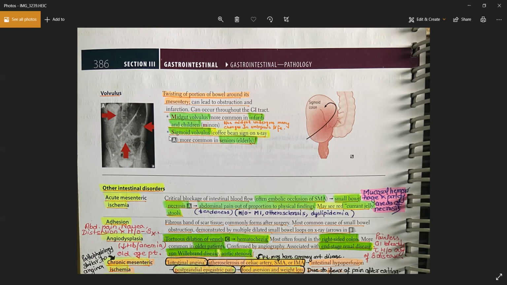So now you can tell me, where does the pain of this volvulus happen in adults? Hypogastric region. Yeah, where in the hypogastric region? You have two hypogastria. Umbilical region.